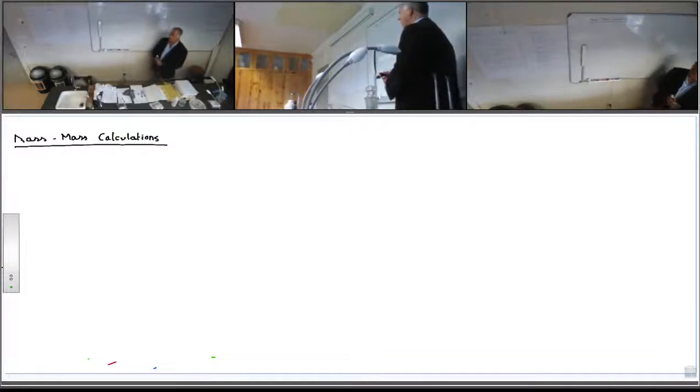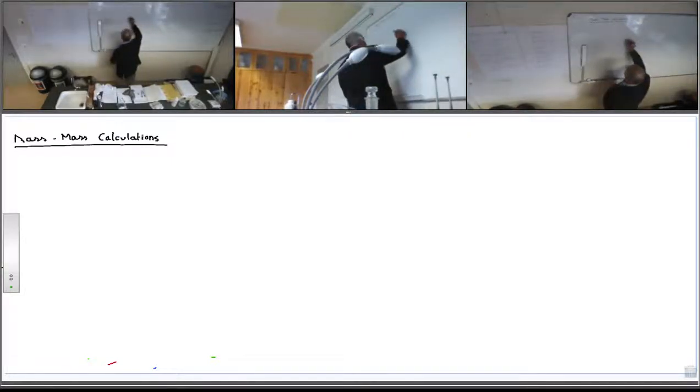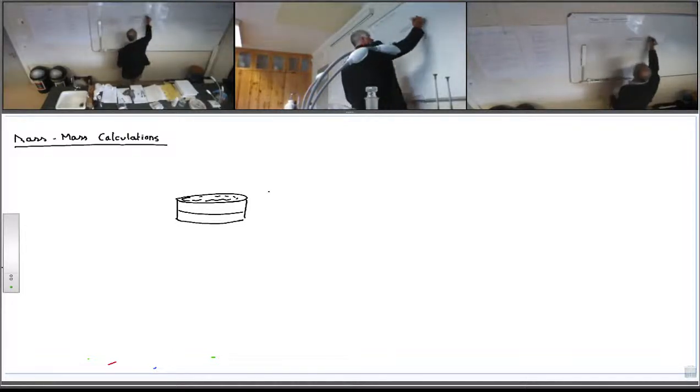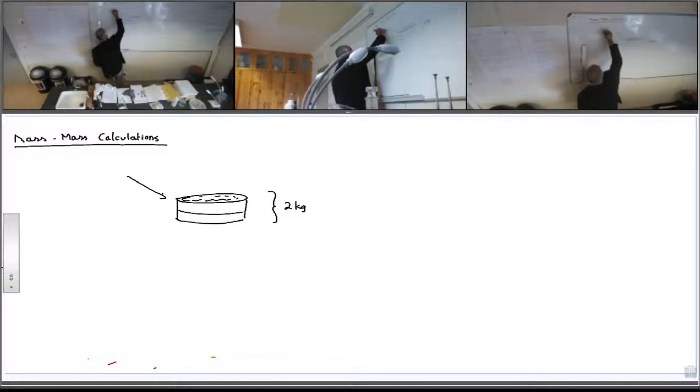Let's see. If I said to you that to manufacture a cake, okay, put the icing on it. Cake has got a mass of, let's say, 2 kilograms. That cake takes 2 cups of flour. It takes 1 cup of sugar.